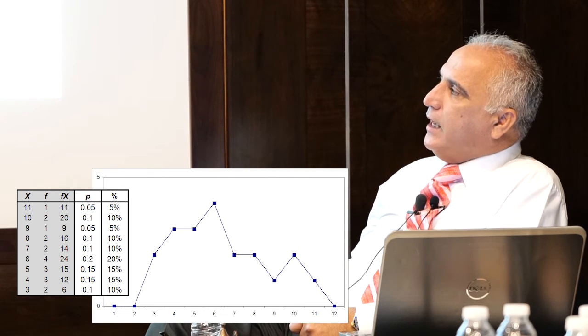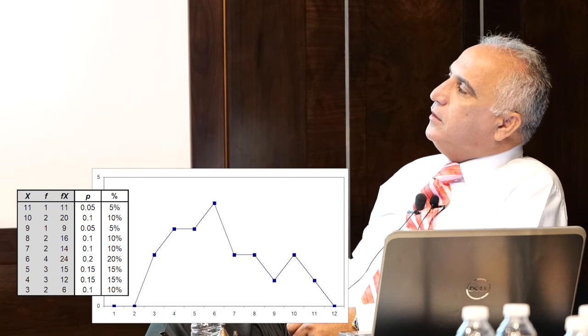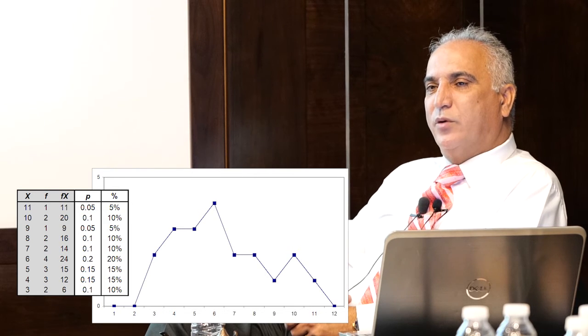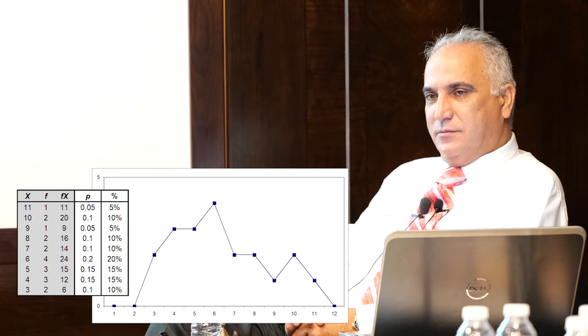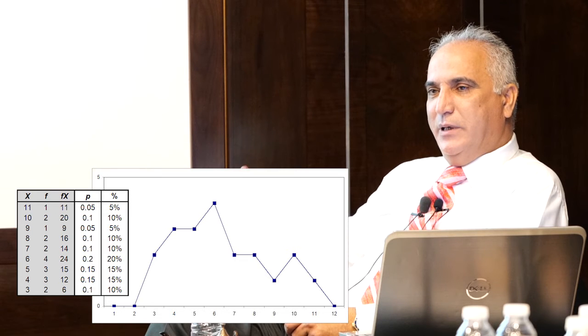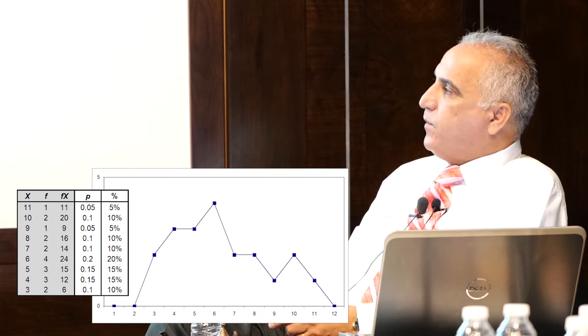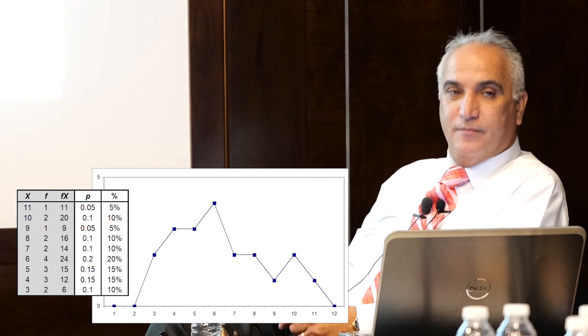Now we need to get accumulated frequency. So what is the percentage of people who remember 8 and less? 8 and below pictures. We add this, 80%.